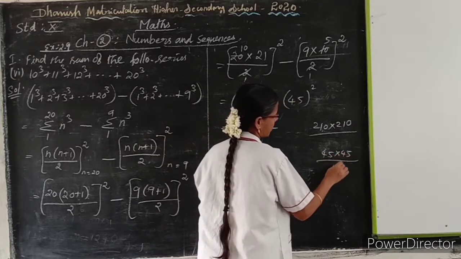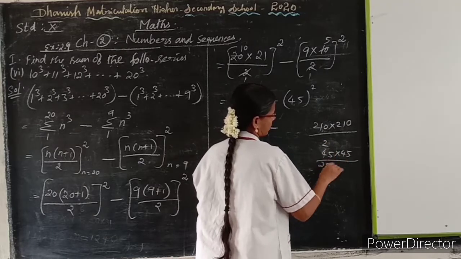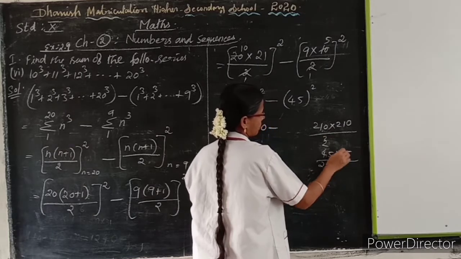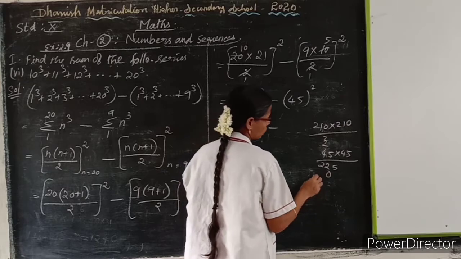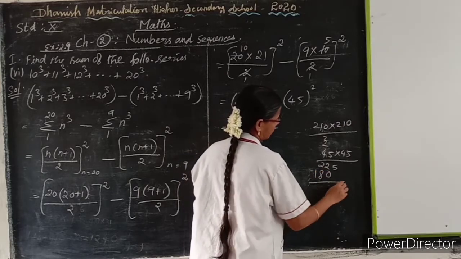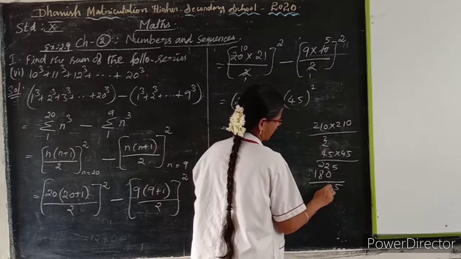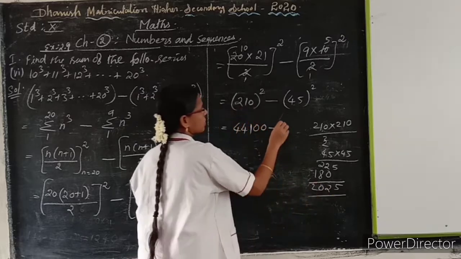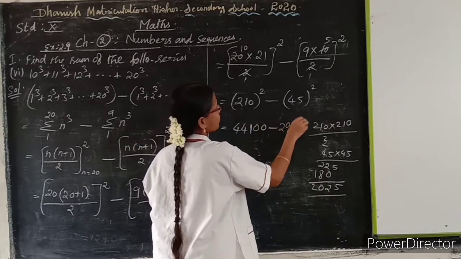5 fives are 25, 5 fours are 20, 4 fours are 16, 16 plus 2 is 18, so 2025 is 45 square.